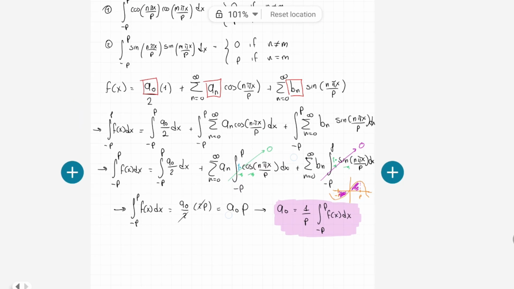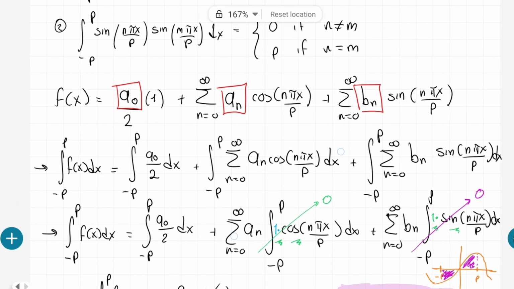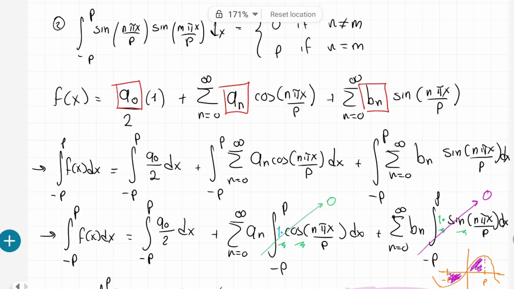Okay, perfect. To be able to find a sub n and b sub n, again we are going to take advantage of the notion of orthogonality. What we are going to do is multiply every term of this equation by the cosine and then take the integral.